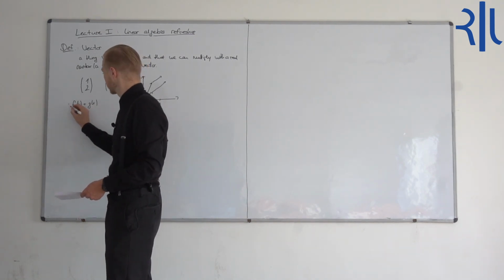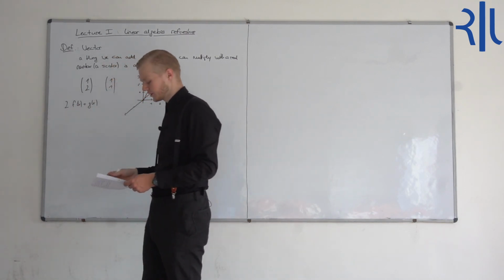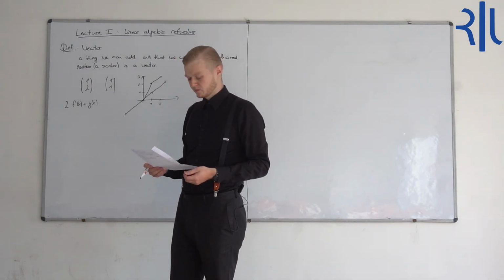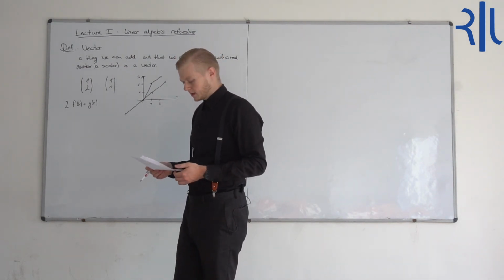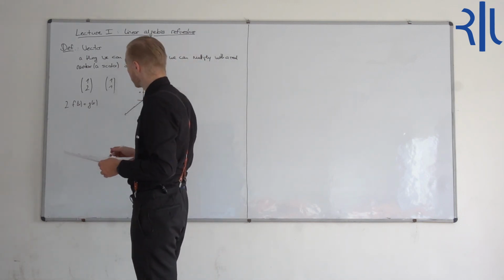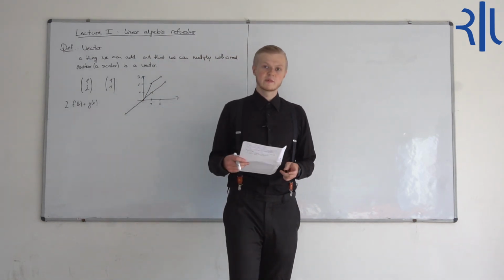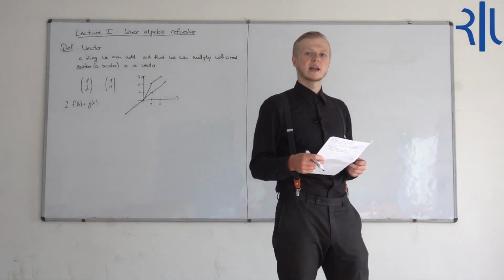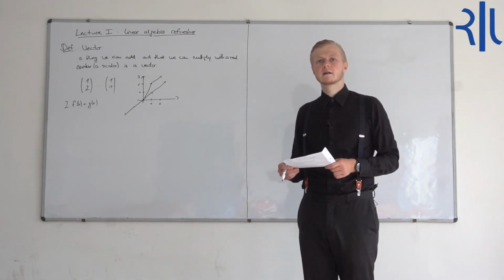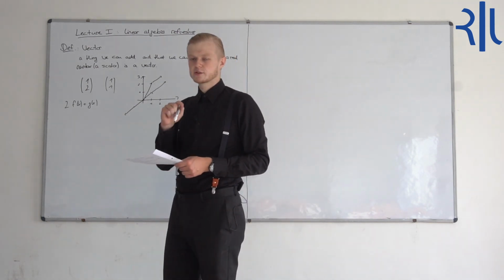You can also scale them with a real number, for example 2 times f of x plus g of x, and they behave just the same way. When we have a set of vectors, usually we're interested in sets that have a specific property, sets that we call a linear space or a linear subspace or a vector space.